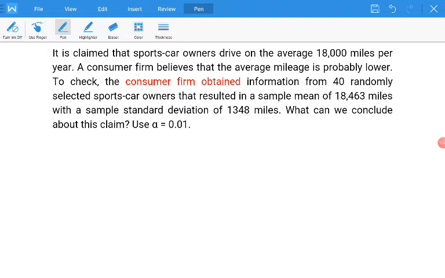So here we state our hypothesis, and so under H naught mu is equals to 18,000, and under the alternative hypothesis mu is less than 18,000. Then our alpha is equals to 0.01.